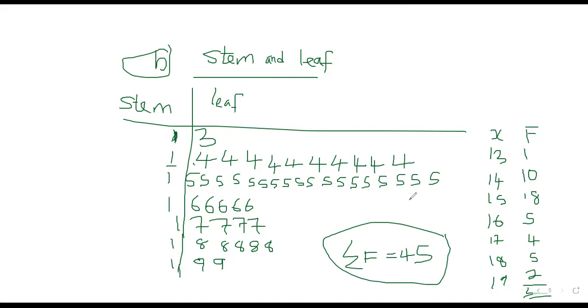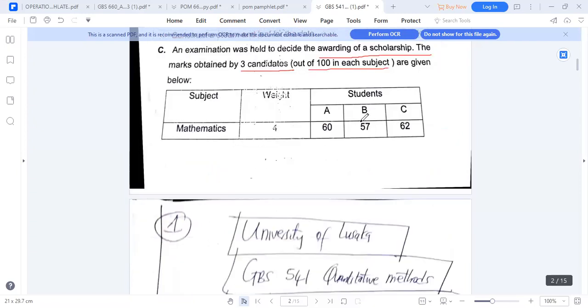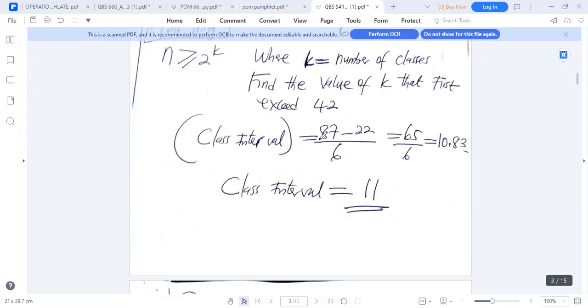So getting down to the other one. An examination was held to decide the awarding of a scholarship. The marks obtained by 3 candidates out of 100 are given below. So we have the students there, A, B, C, and those are the results.